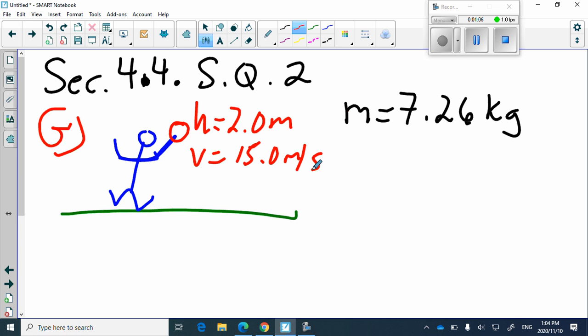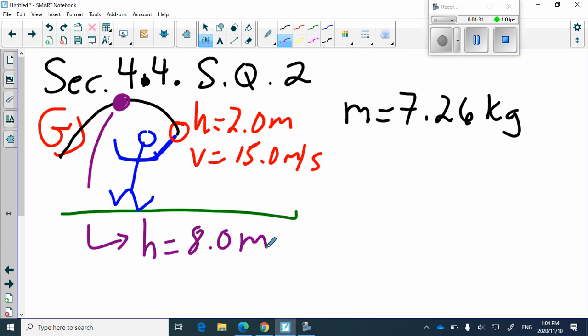It reaches a maximum height of 8 meters above the ground. So the shot put gets thrown into the air, right? And then it's going to reach a certain maximum height right there, okay? So when the shot put is right there, its height is 8 meters.